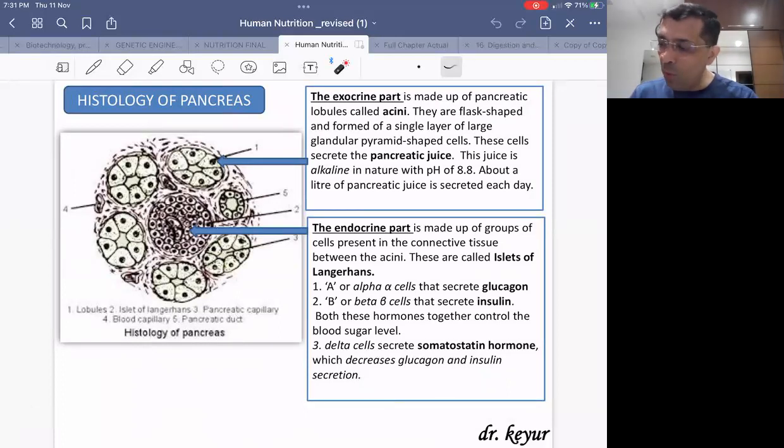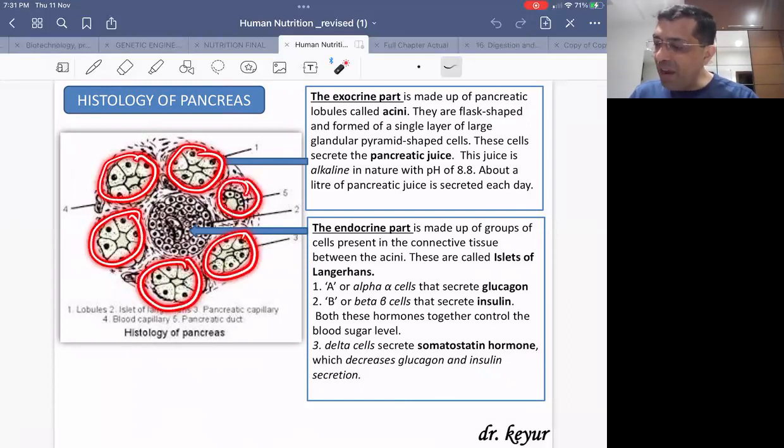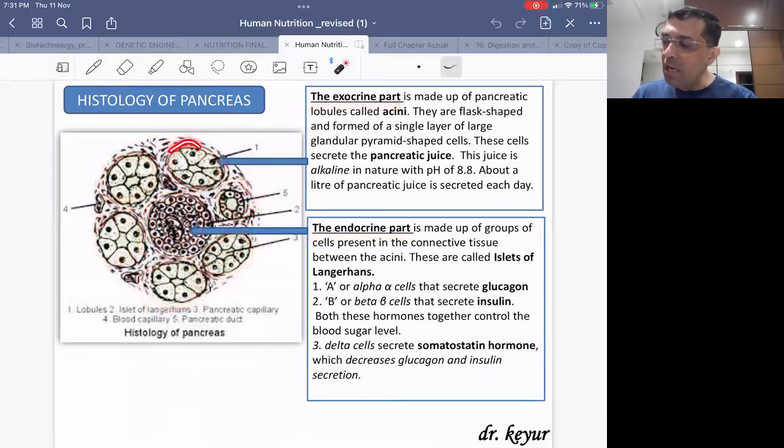The pancreas shows the peripheral part is exocrine. जो पेरिफेरल पार्ट है वो एक्सोक्राइन होता है, और जो इंटरनल पार्ट है वो एंडोक्राइन होता है. The peripheral part is exocrine, the internal part is endocrine.